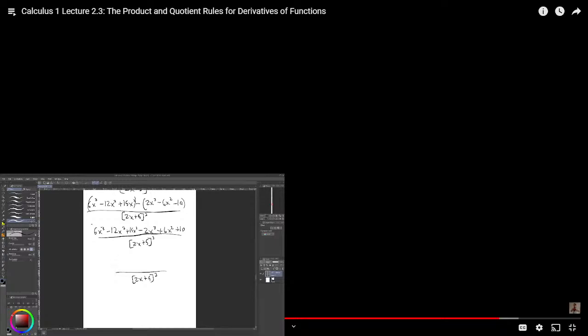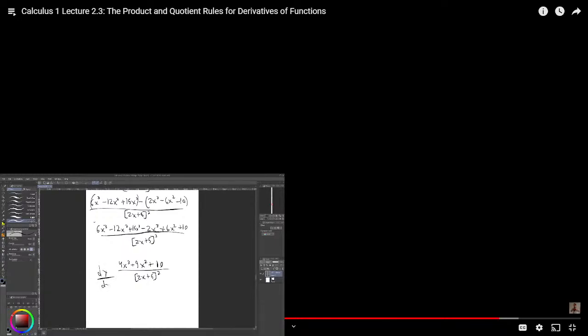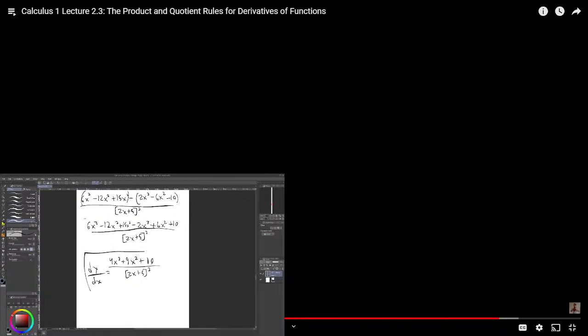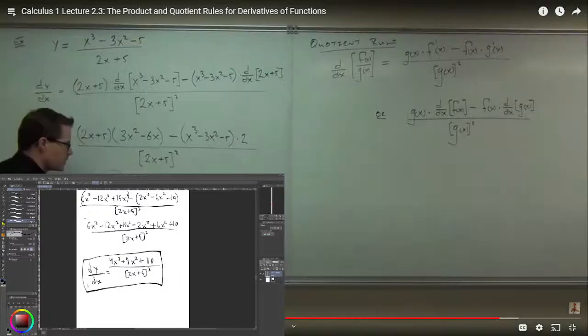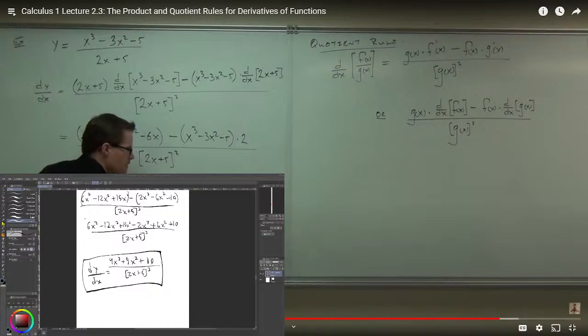So what do we get now? 4x cubed, 3x squared plus 9x squared plus 10. Alright, we'll try it again. How many times do I have to change my answer before I get it right? Positive 15, positive 6.